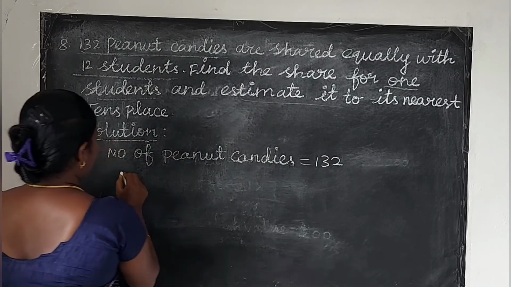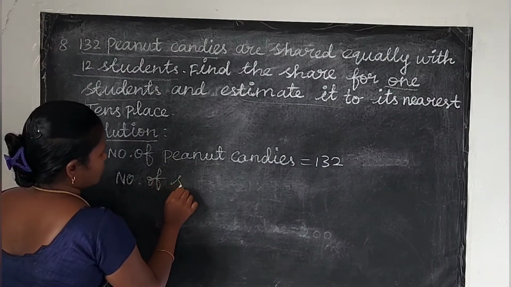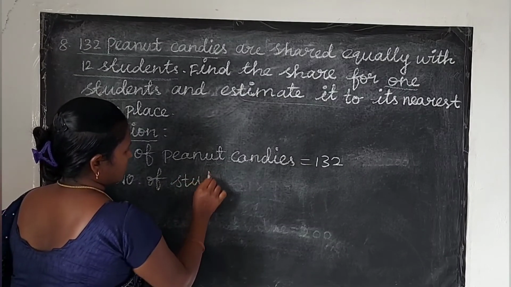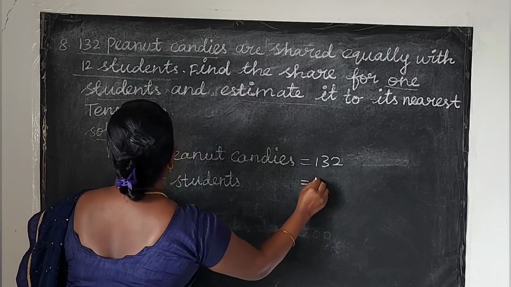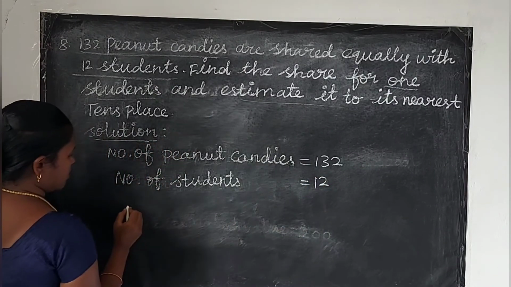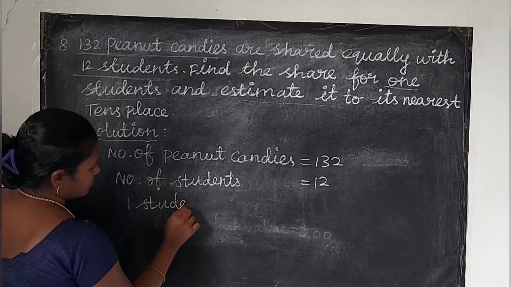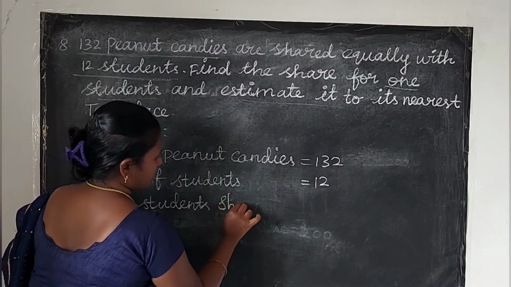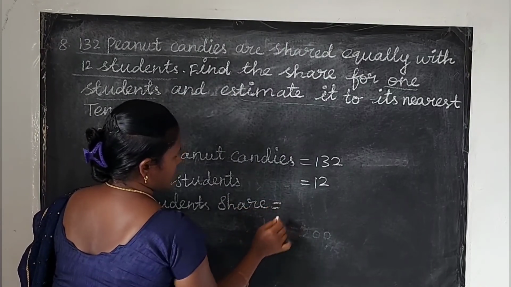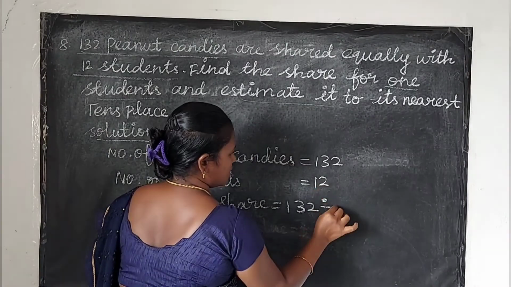Next, number of students is equal to 12. One student share is equal to 132 divided by 12.